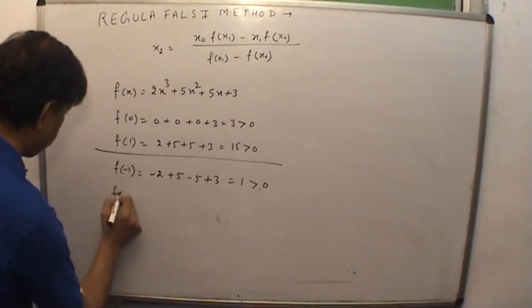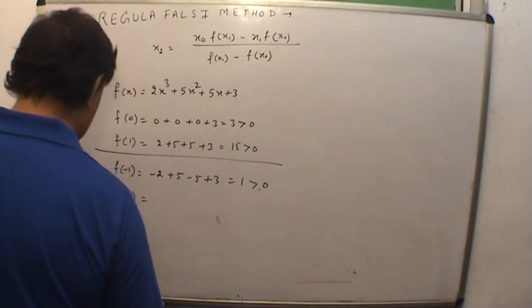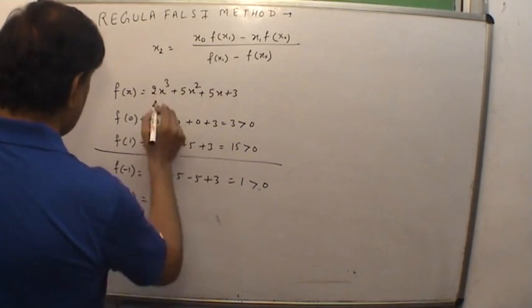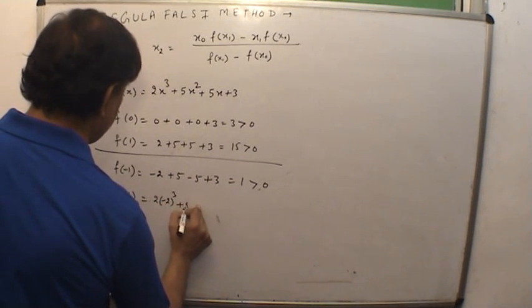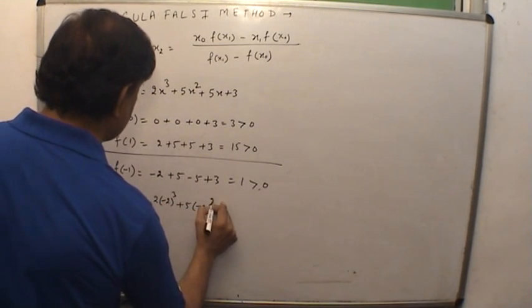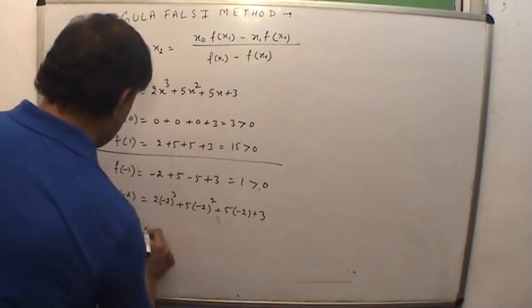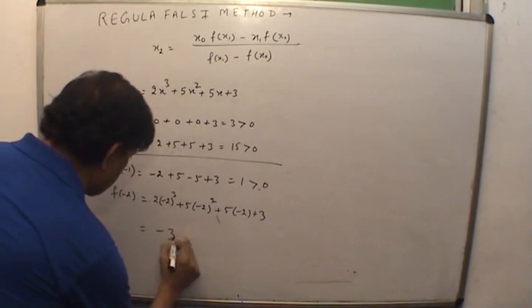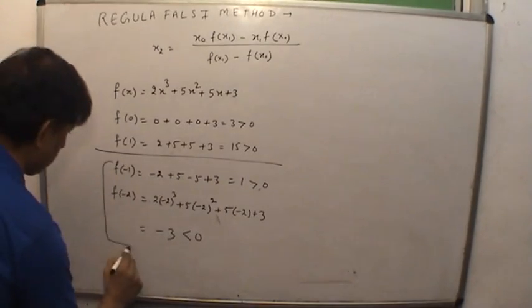Then f of minus 2 is equal to 2 into minus 2 cube plus 5 into minus 2 square plus 5 into minus 2 plus 3. If we calculate it, that is minus 3, and it is less than 0. So we get the first sign change.